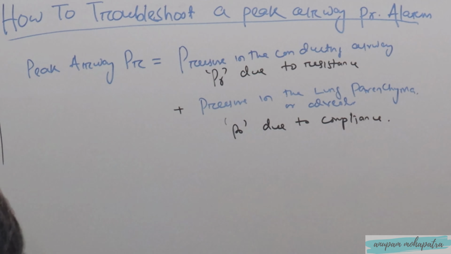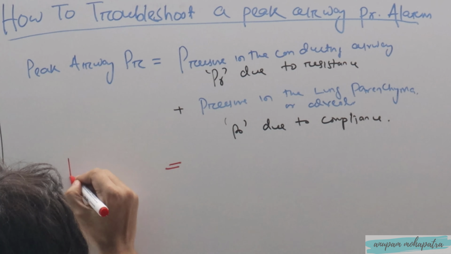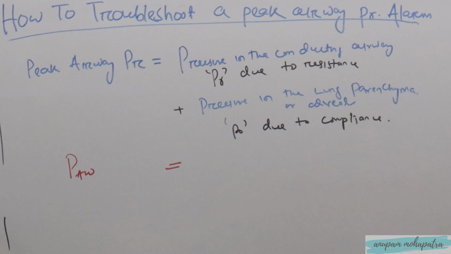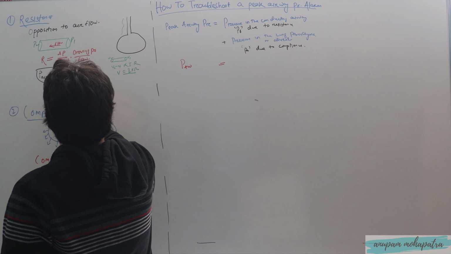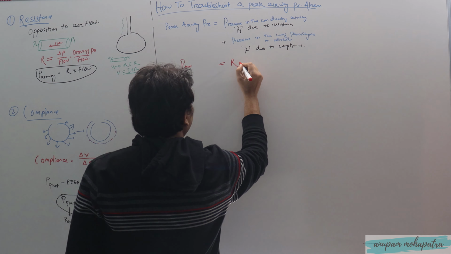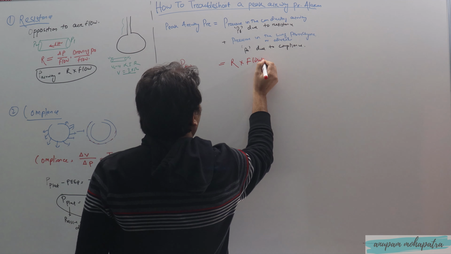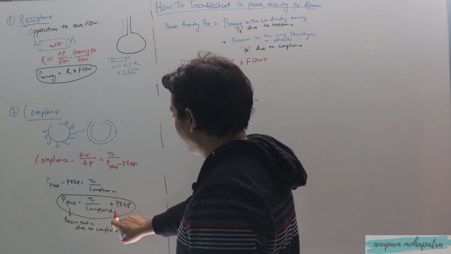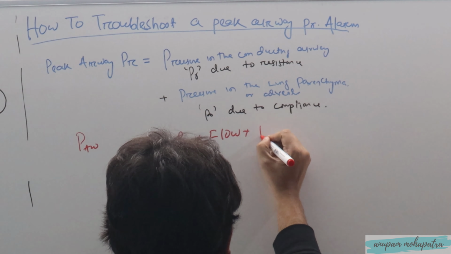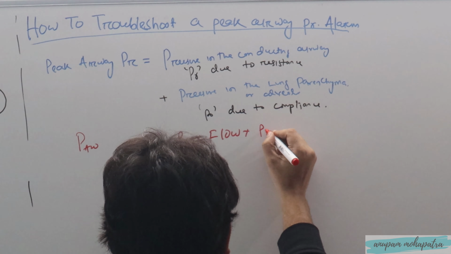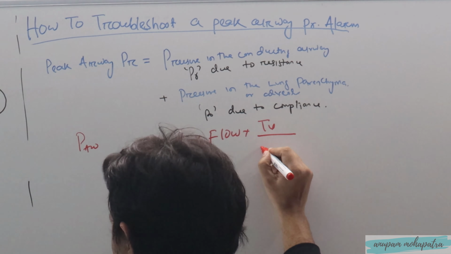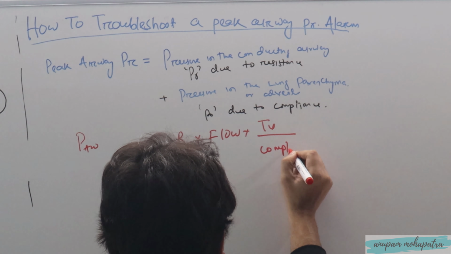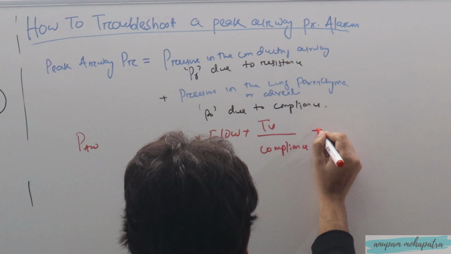Now rewriting these two things in a very simple way, and this is called the equation of motion also. Peak airway pressure is equal to resistance times flow plus pressure due to compliance, which can be rewritten as P plat, or tidal volume divided by compliance, plus PEEP.